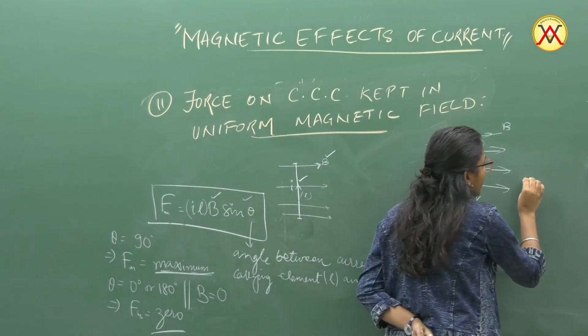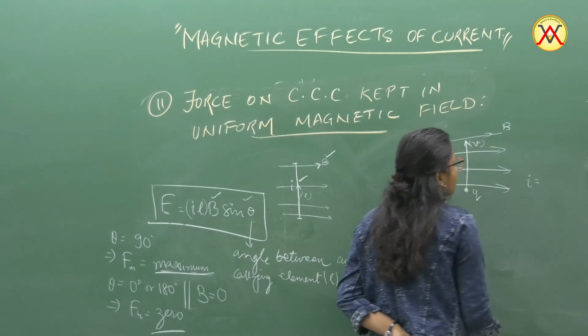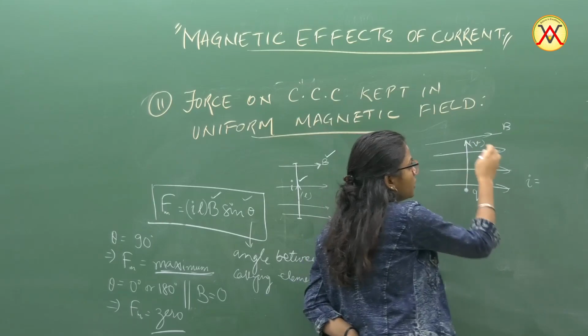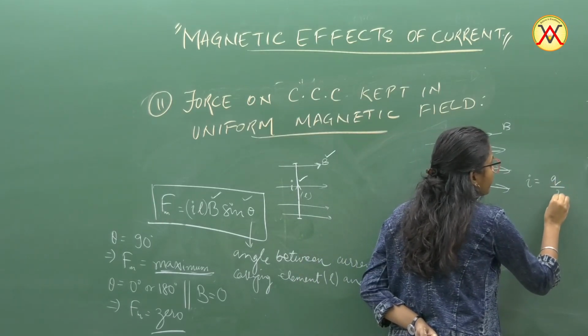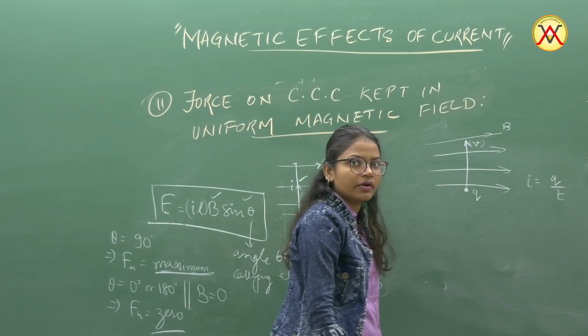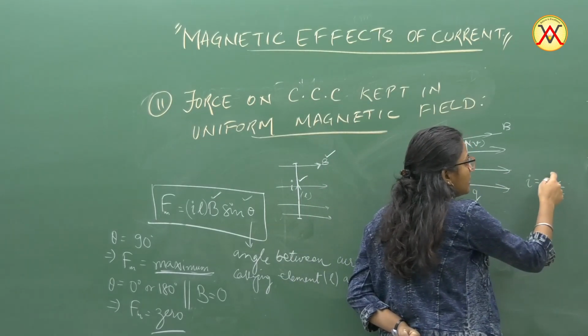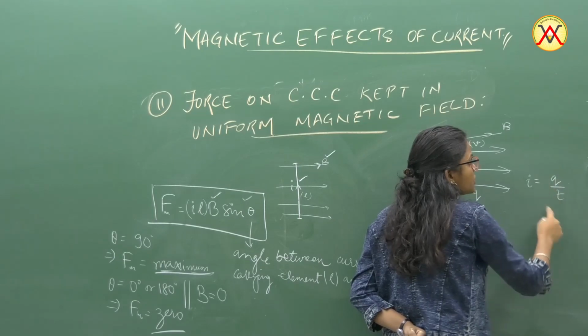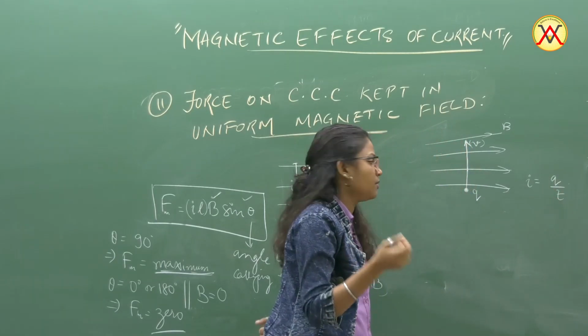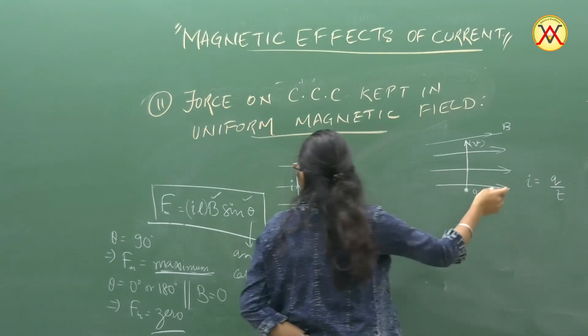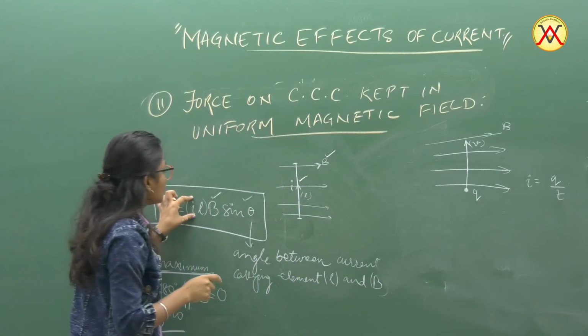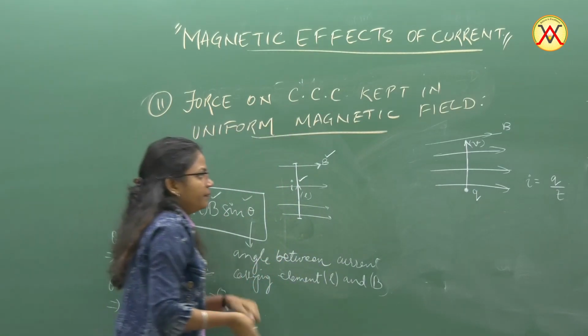Look, I equals what? Q upon T. This we already know. So, if this is the current, then this is the charge per unit time. Now, let us substitute the value of I over here.